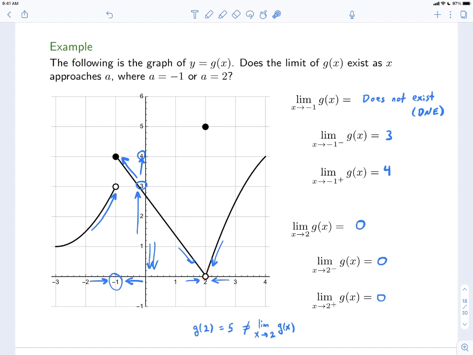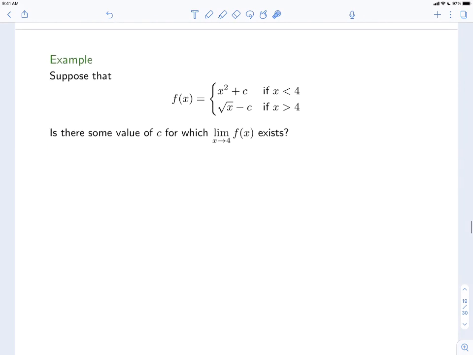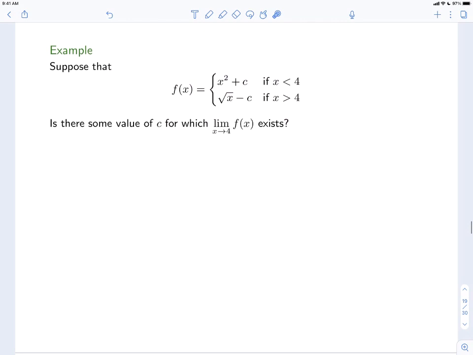We approached this example graphically, but we can also approach examples algebraically. Here's another example. Suppose that f at x is a piecewise defined function. It's defined in two pieces. If x is less than 4, then the formula we use is x squared plus c. And if x is greater than 4, then the formula is the square root of x minus c.